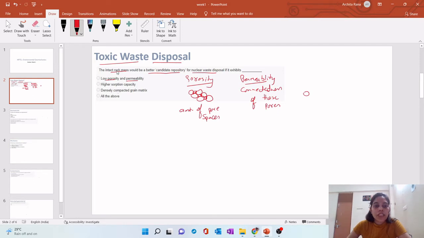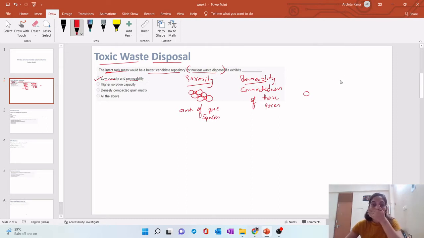So when you say intact rock mass, intact means a rock which has not been broken. In an intact rock mass, low porosity and permeability are important for the repository of the nuclear waste, because if it has low porosity, it means there are fewer pores, and low permeability means these pores are not connected.